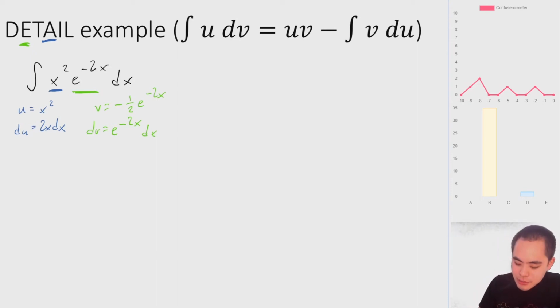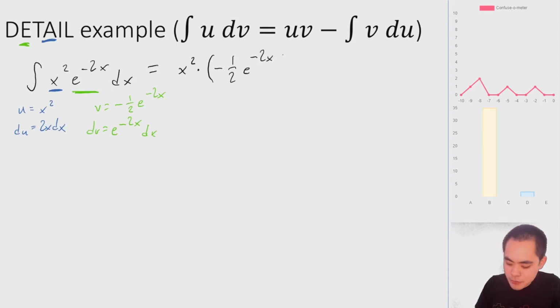Okay, but so now let's do that. And so what do we get? We get x squared times, so that's u times v, which is minus 1/2 e to the minus 2x, minus the integral of v du. So v is going to be, again, minus 1/2 e to the minus 2x. Du is going to be 2x dx.